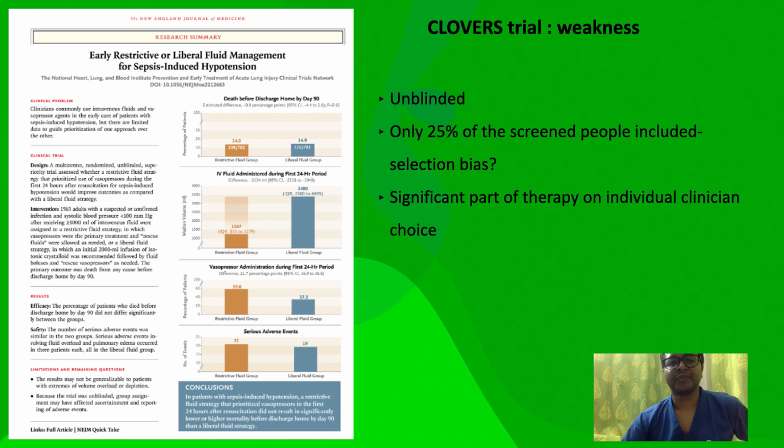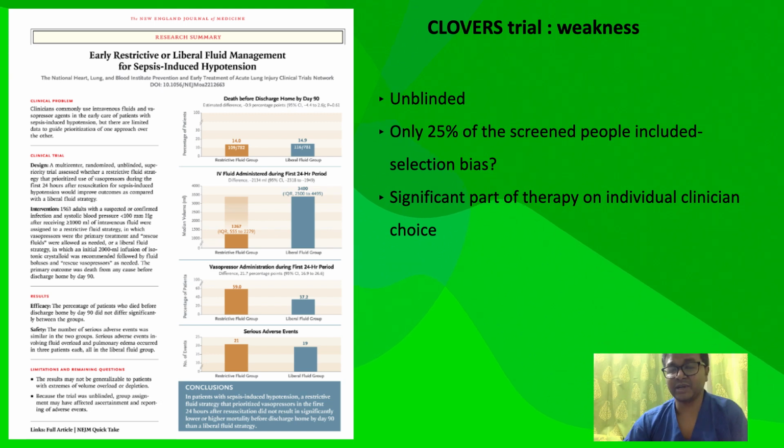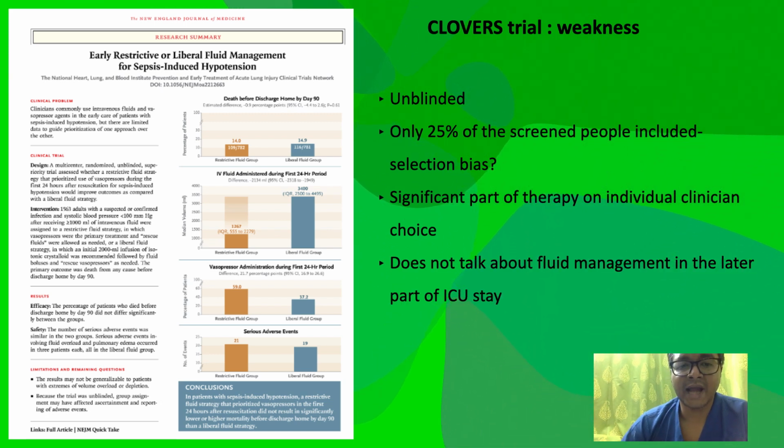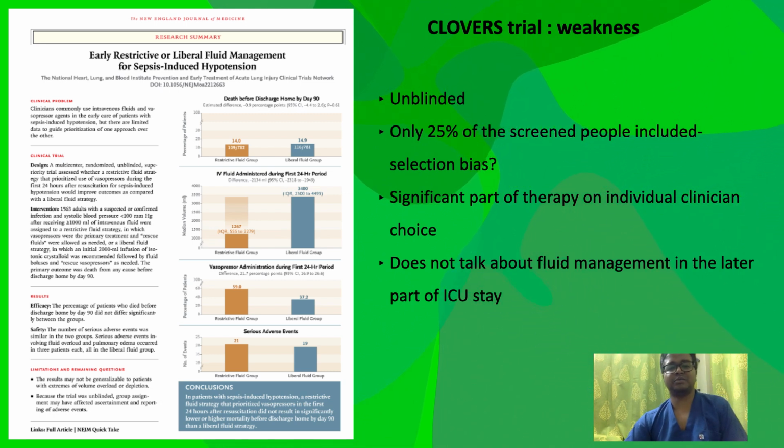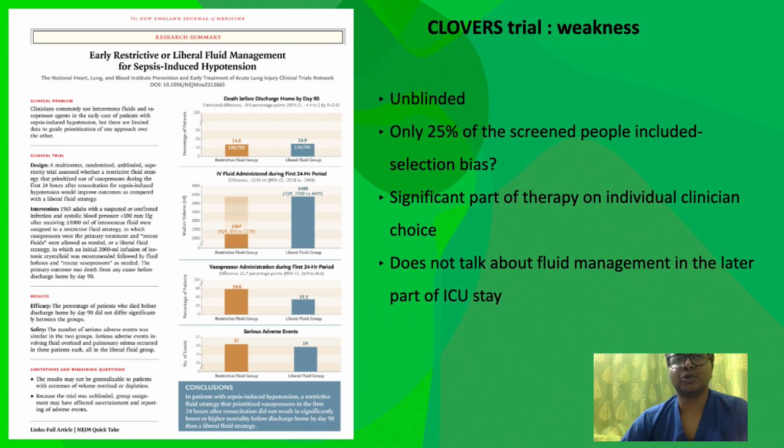There might be some other form of bias, because a significant part of the fluid therapy was left to individual clinician choice, which is of course a source of bias. And the most important part is that it doesn't talk about fluid management in the later part of the ICU stay. Though they looked at 90-day mortality as their primary outcome, the later part of fluid management was not discussed in clear detail, and this is an enigmatic part of this trial.